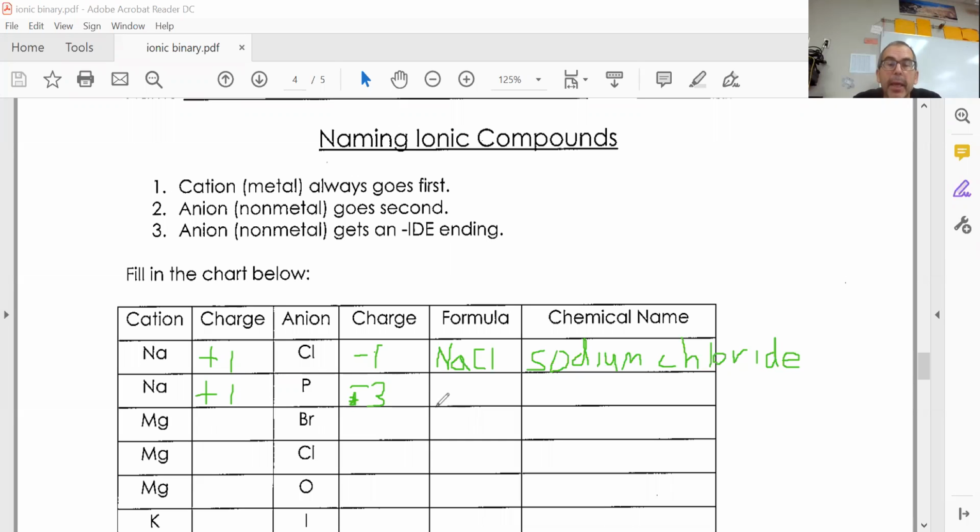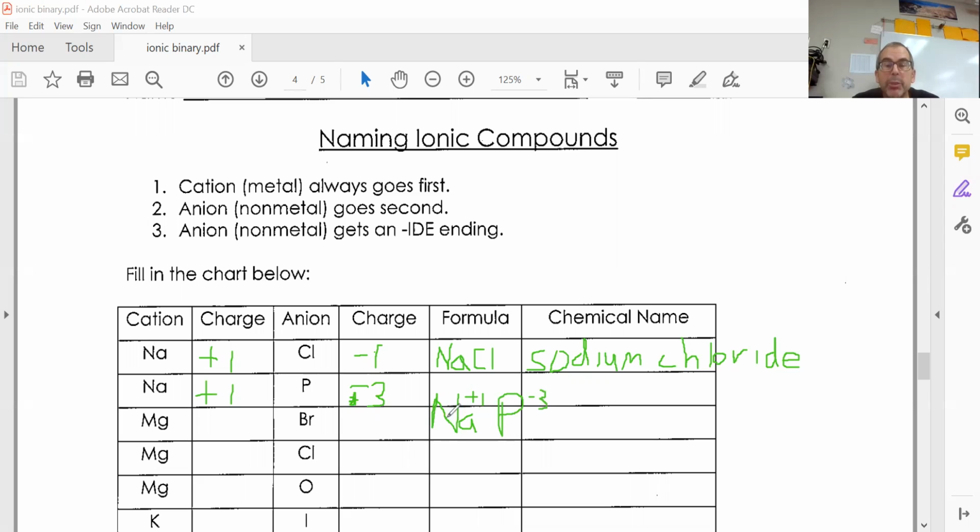So looking at this, Na is going to have a +1 charge, and P, which is phosphorus, has a -3.